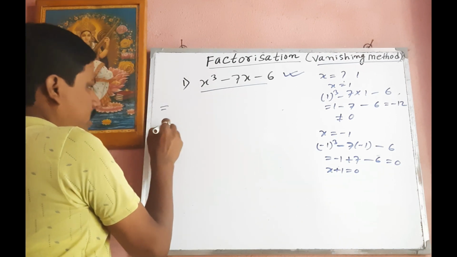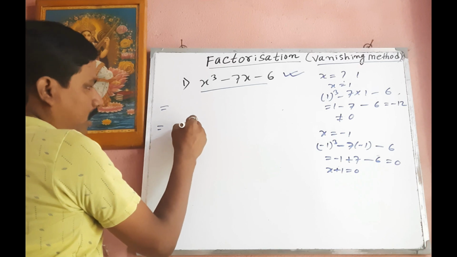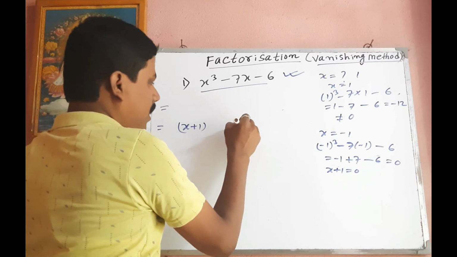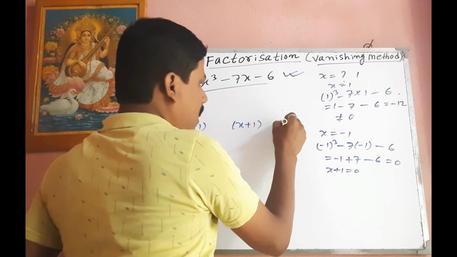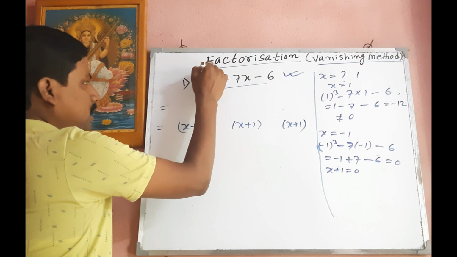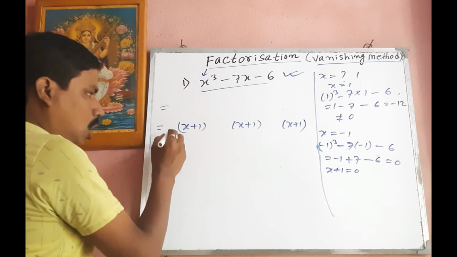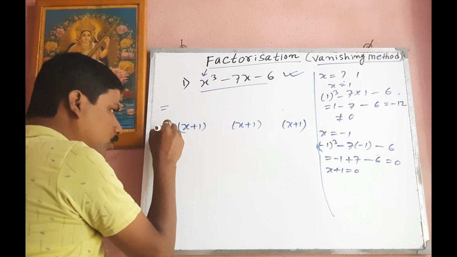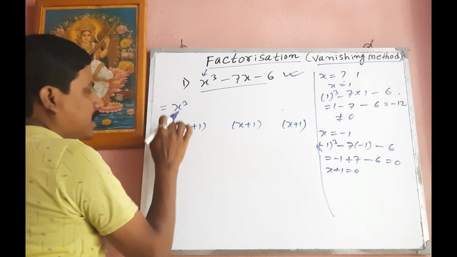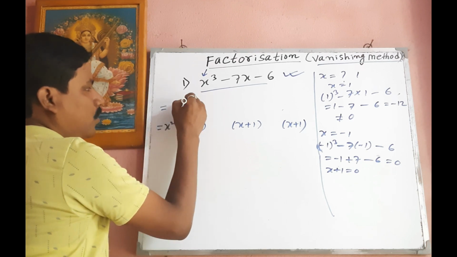We put x plus 1 as a factor. Now x cube is there, so we put x square here, x square into x is x cube.